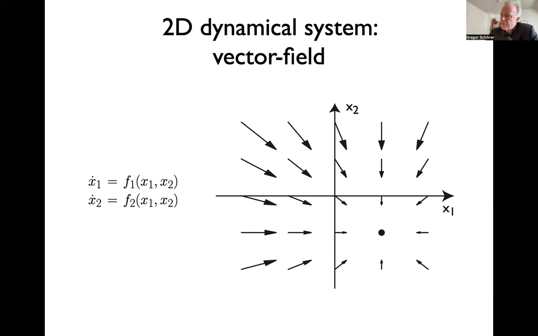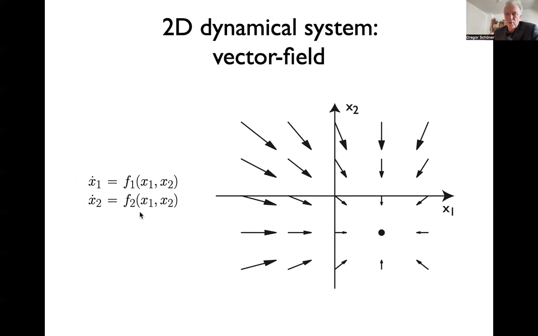But in 2 dimensions, it's very intuitive. What you're interested in is the so-called vector field. The vector field means that in the original state space, here 2-dimensional, x1, x2, the rate of change has the same dimensionality. You have a rate of change of x1 and a rate of change of x2, so f1, f2.